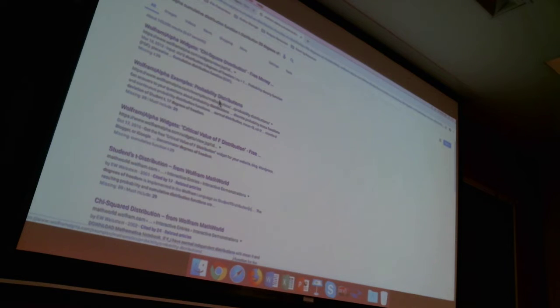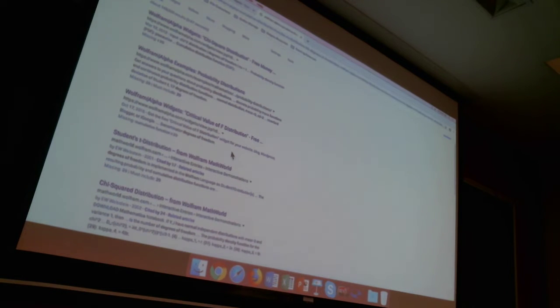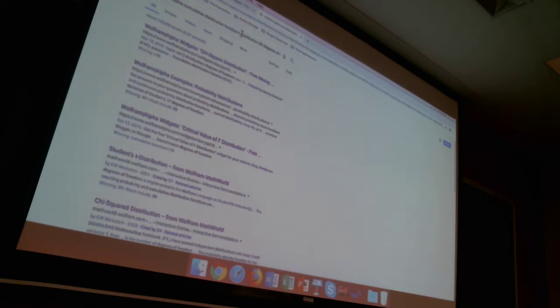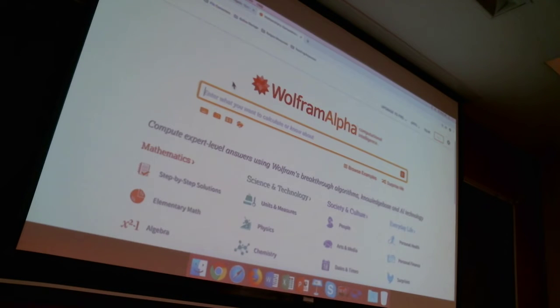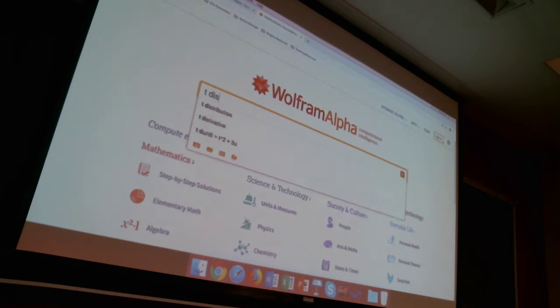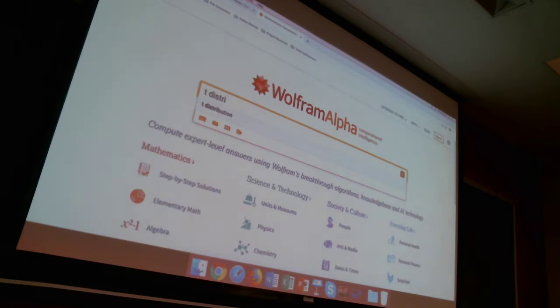Well, all we have to know is the cumulative distribution function, so again, Wolfram Alpha, cumulative distribution function of a Student's t distribution with 29 degrees of freedom. I want a t distribution cumulative.